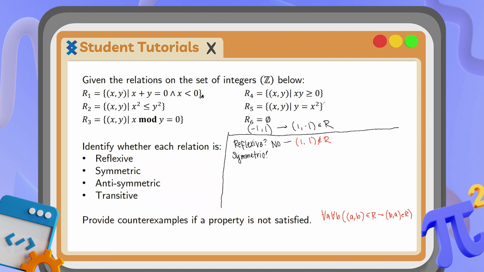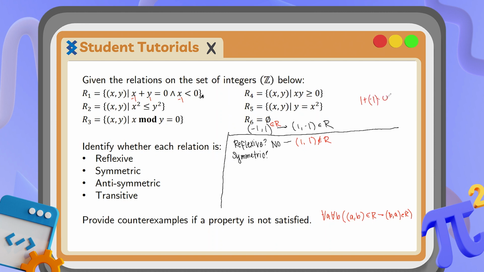However, this would not be the case because while negative 1 and 1 is in the relation, negative 1 plus 1 is 0, and negative 1 is less than 0, so that is in the relation. However, 1 plus negative 1 is equal to 0.